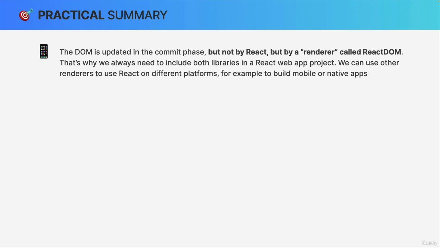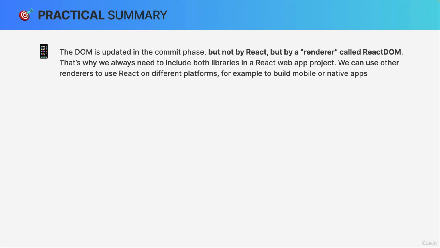We can also use other renderers to use React on different platforms, for example to build mobile or native applications with React Native. Alright, and now for the rest of this last slide, let's leave the topics related to rendering behind and quickly talk about state and events.